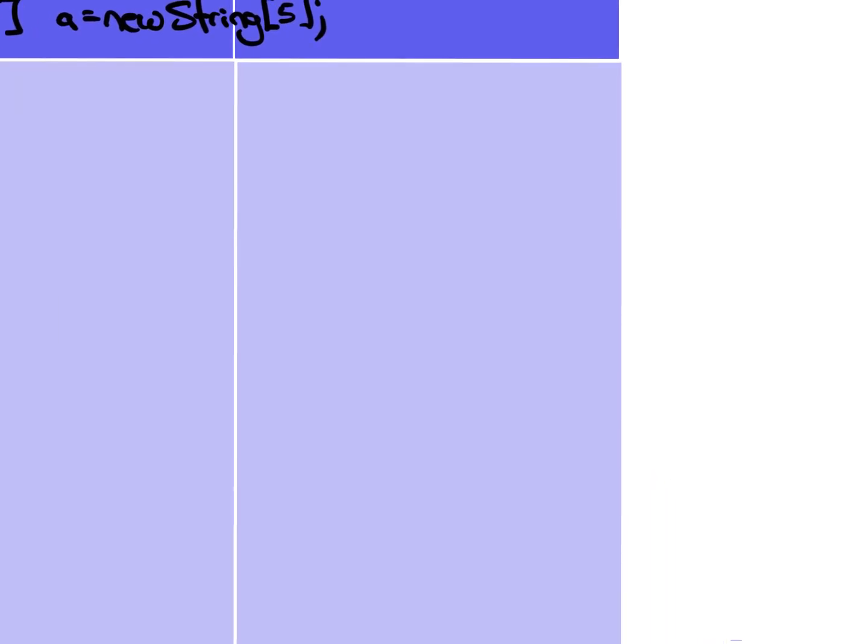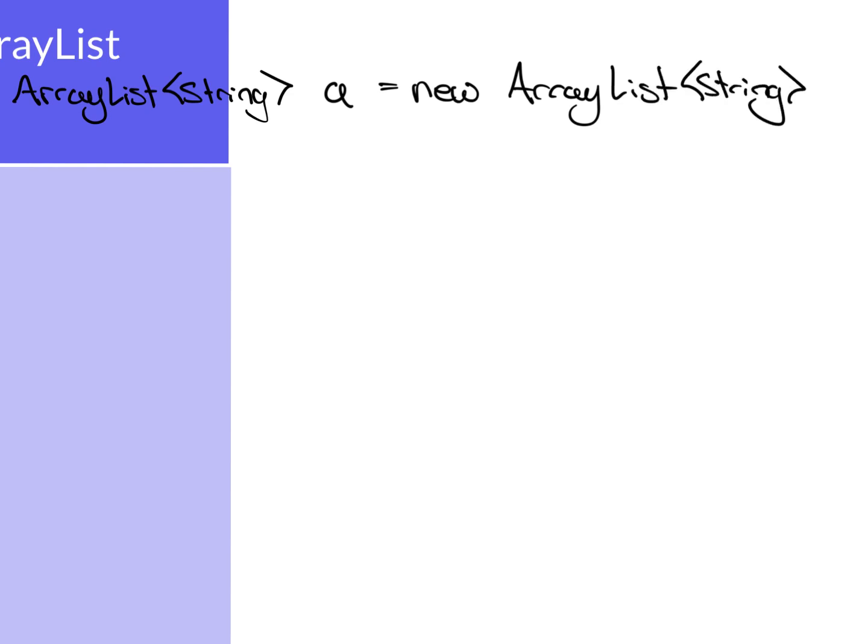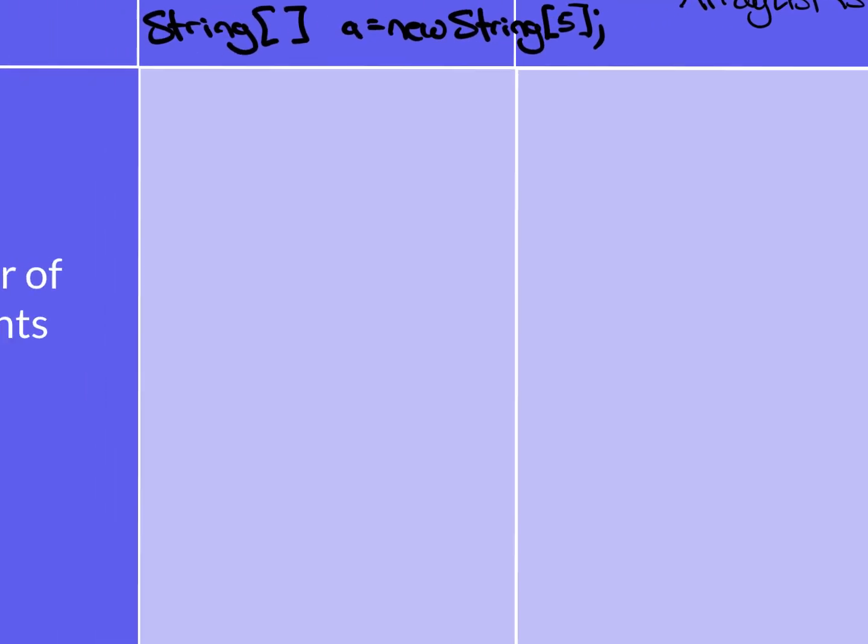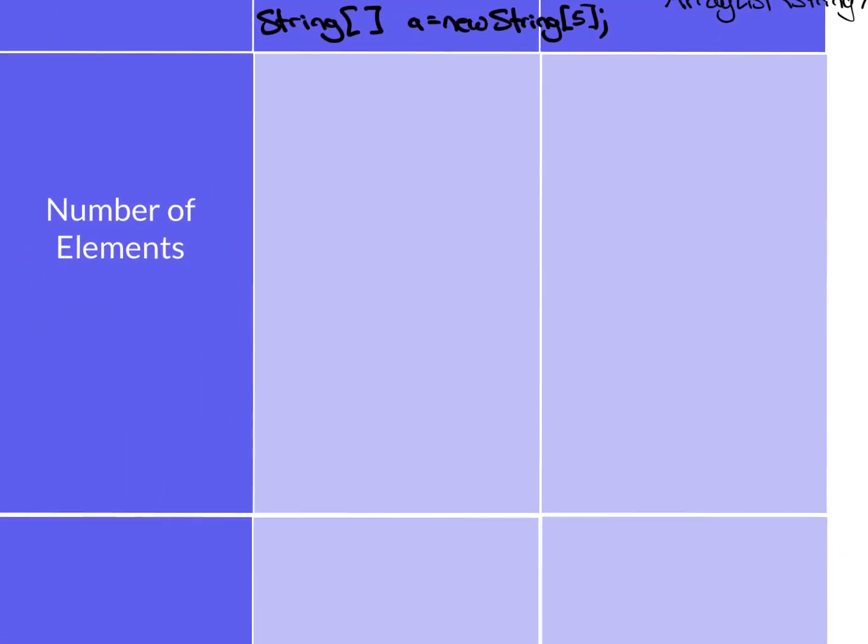For ArrayList, we have generated a string ArrayList, also called A. We're just going to assume these are in different files so that I can call them both A. So let's assume that for each of these we have declared and initialized an array or ArrayList, both of which would have the name A.